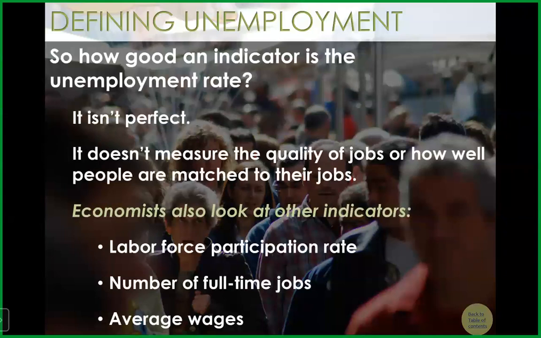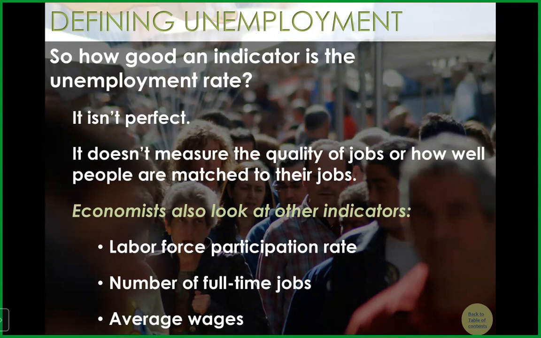So why is this not a perfect measure? It can overstate the problem, and it can understate the problem. That is why economists, the government, or the central bank look at some additional variables to have a more complete picture.